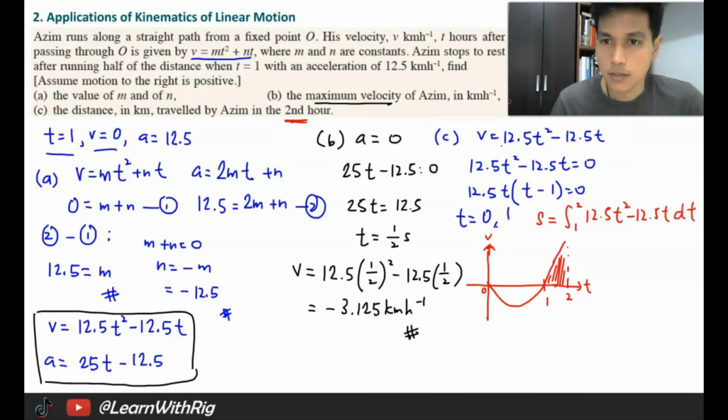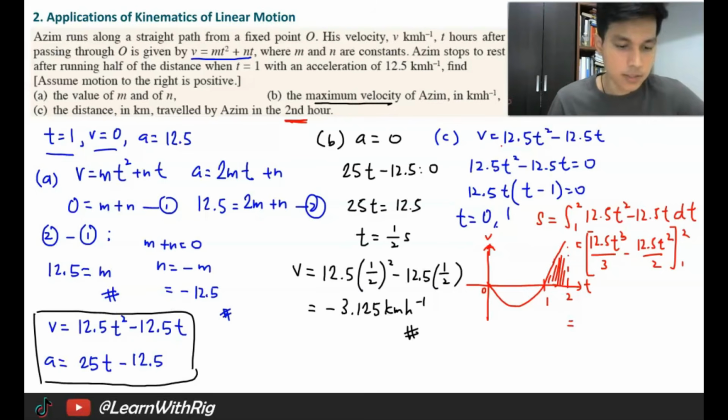dt. Integrate this, you will get 12.5 t³ over 3 minus 12.5 t² over 2. Then substitute 2 and 1. When you substitute, you will get 25 over 3 plus 25 over 12.